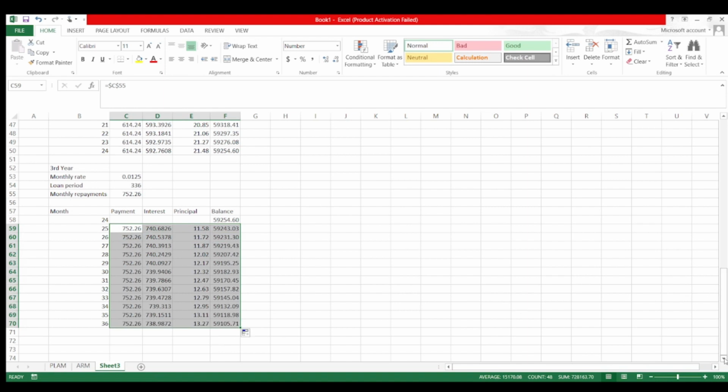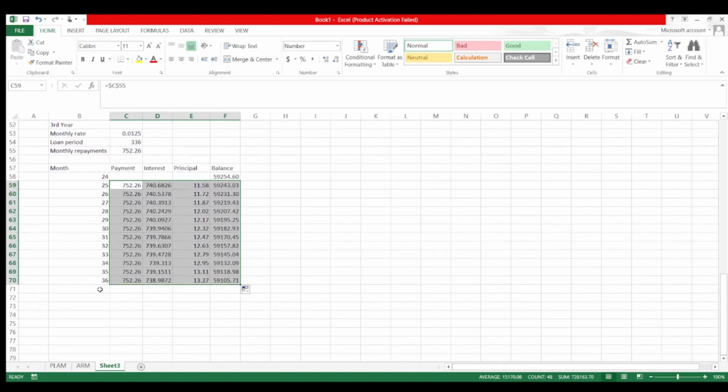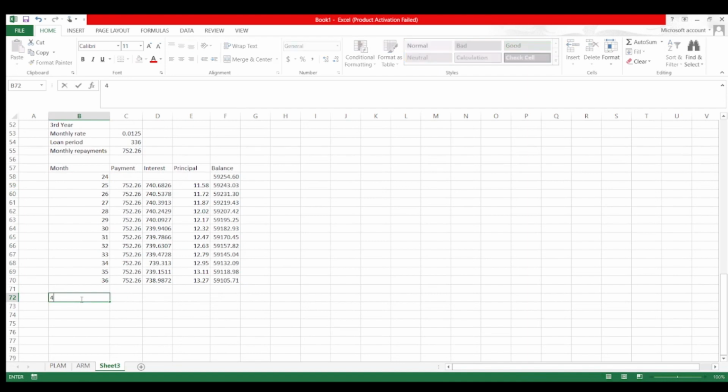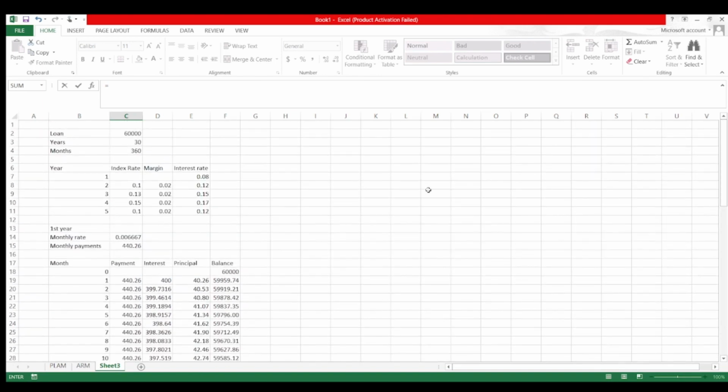Now we still continue with the same process and jump to the 4th year. So here, the monthly rate for the 4th year is equal to 17% divided by 12.